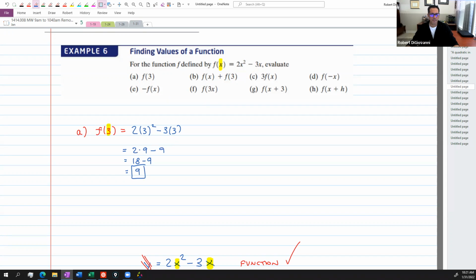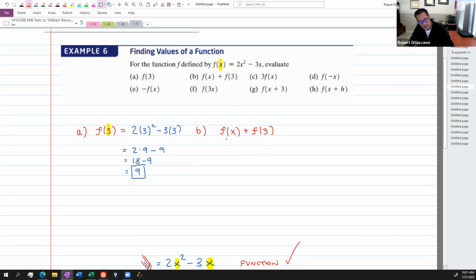All right, let's go to B. For B, we want f of x plus f of 3. So f of x right here is just the original function. We can't do anything with it because we're plugging x in for x.